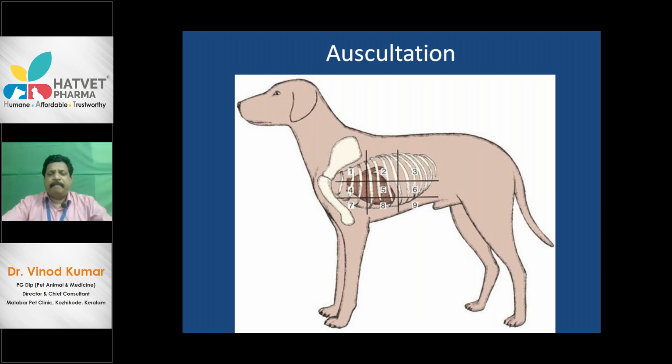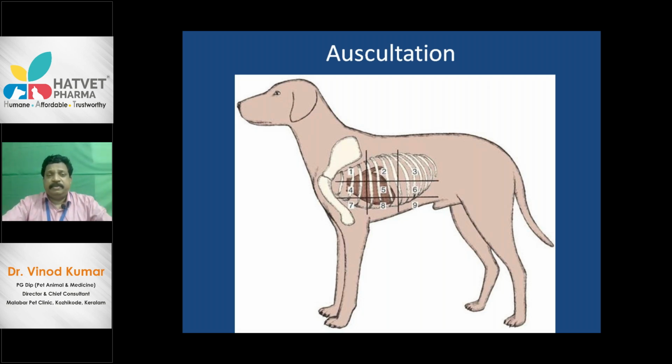Then area number 2, we can auscultate for the bronchioles and also the alveolus. Areas number 3, 6 and 9 are purely for alveolar vesicular sounds. Yesterday we studied the 3 normal sounds and 5 abnormal sounds. Which are the 3 normal sounds?